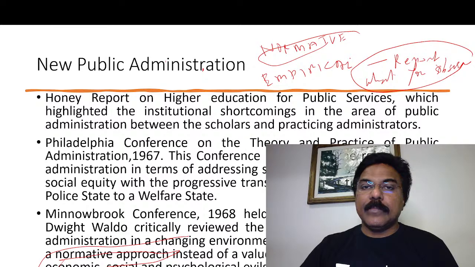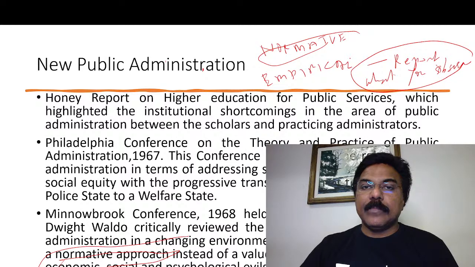Young scholars had identified some of the weaknesses of public administration. So, as I said, traditional public administration dominated by Weberian norms had resulted in the failure of both development administration and public sector units in the US.